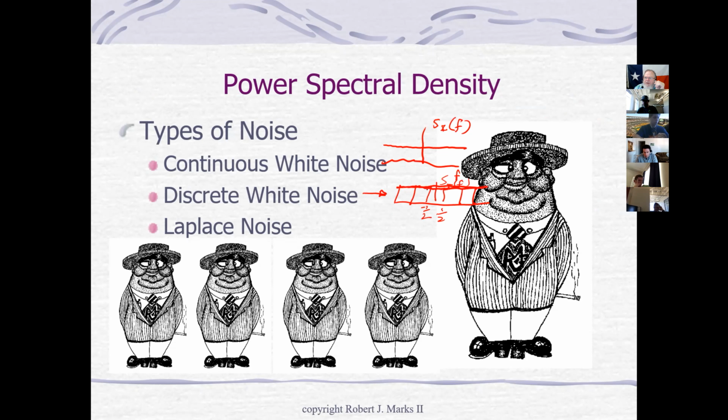But again, we're typically just interested in the values between -1/2 and 1/2. Then there is Laplace noise. Laplace noise would have a double-sided exponential as the power spectral density, since that's what Laplace is.